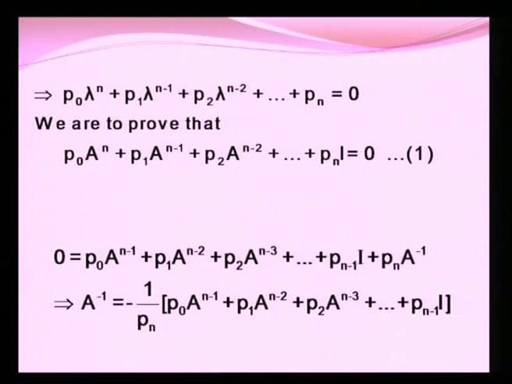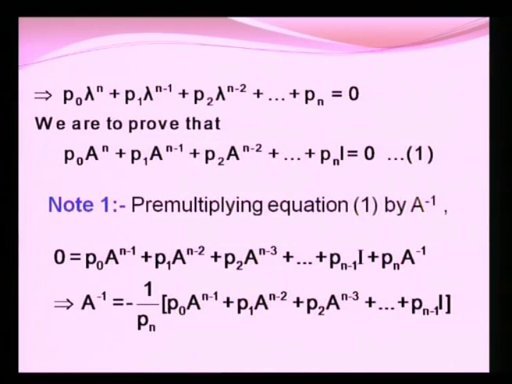So here, if we multiply equation number 1 on both sides with A inverse, then the first term will be p0 A raised to n minus 1, because we have multiplied with A inverse. So plus p1 A raised to n minus 2 plus p2 A raised to n minus 3, likewise, plus up to plus pn A inverse.